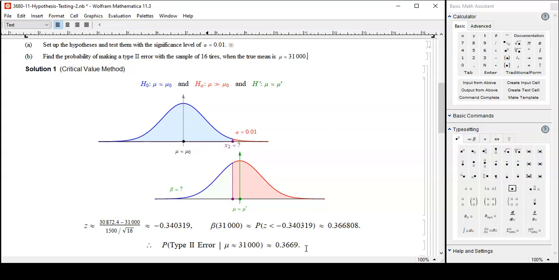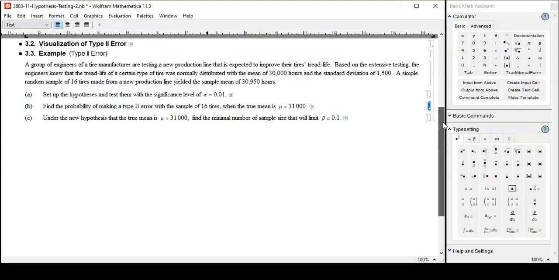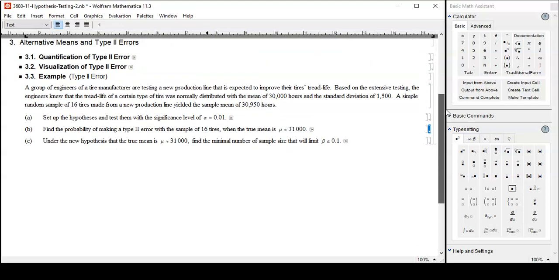Look up the z table and you're going to get this kind of value there. All right, makes sense? Okay, I hope that made sense. Now let's go to the next problem.